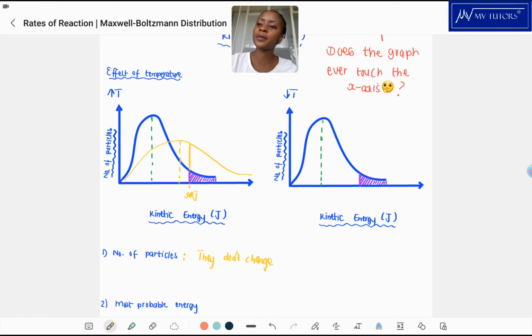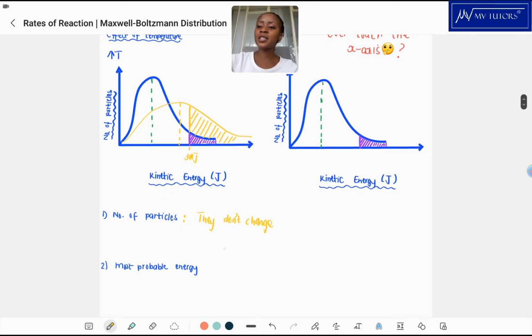So this will now become your activation energy. The particles beyond the activation energy, like we said before, are the ones that can actually react and form effective collisions. So first of all, your most probable energy shifts to the right.